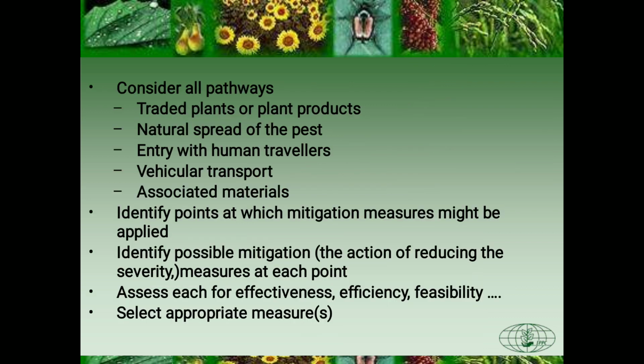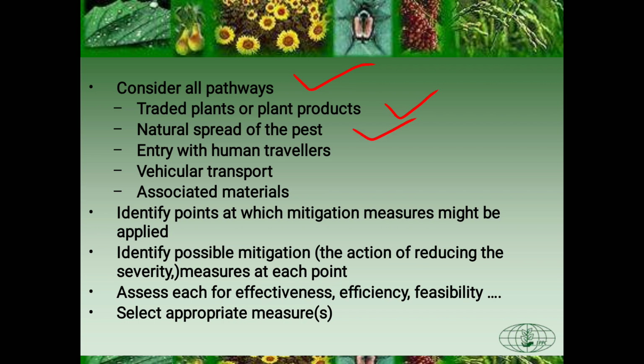So while evaluating the different control measures, when the risk is unacceptable, we consider all the points. That means we consider all pathways, that is, traded plants or plant products, during export and import.